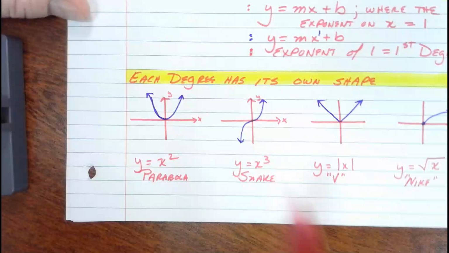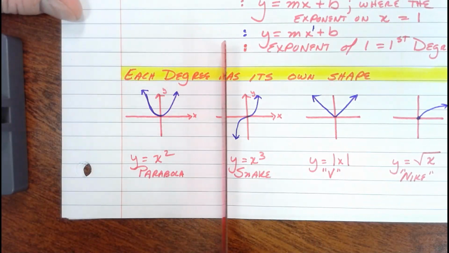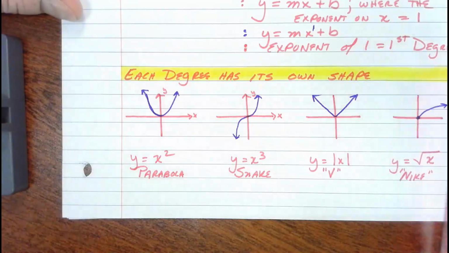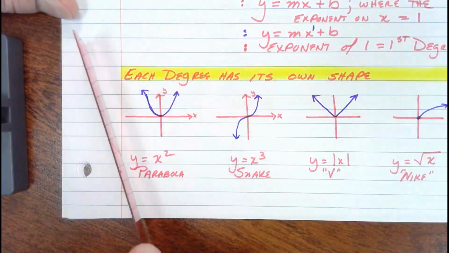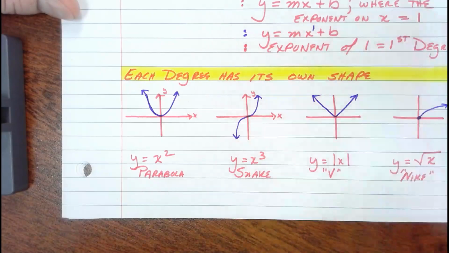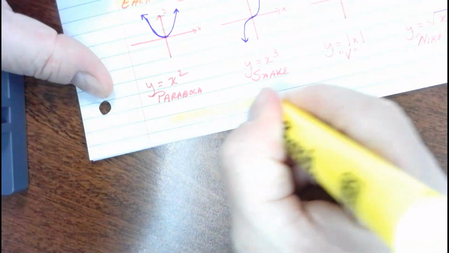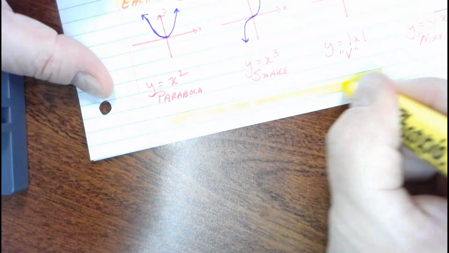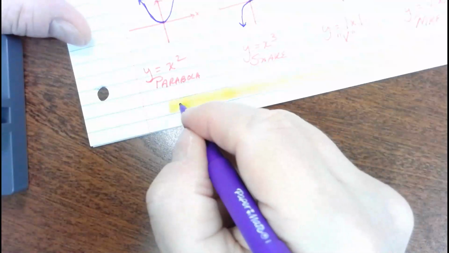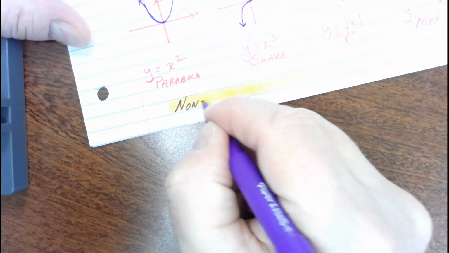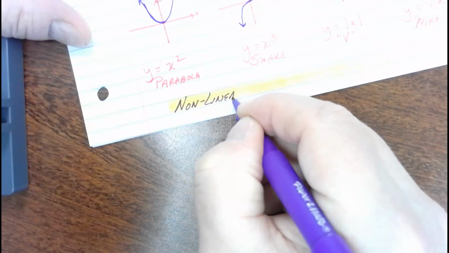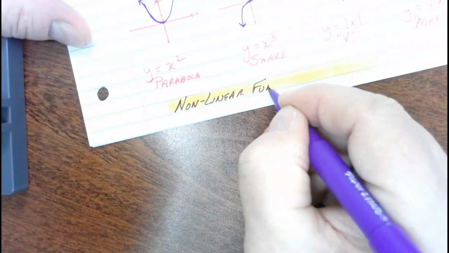These down here, are they functions? Yes, they are. Are they lines? No, they're not. So we get technical with these, and we name examples of these as non-linear functions.